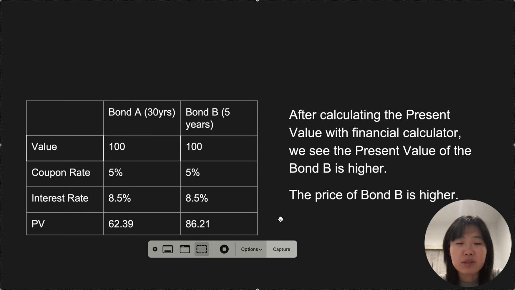We got the result that bond A has a $62 present value, while bond B has $86. That's a big difference: bond B has a higher present value.